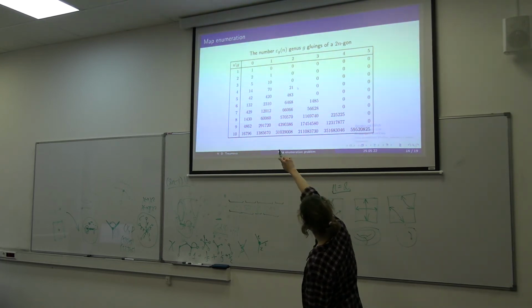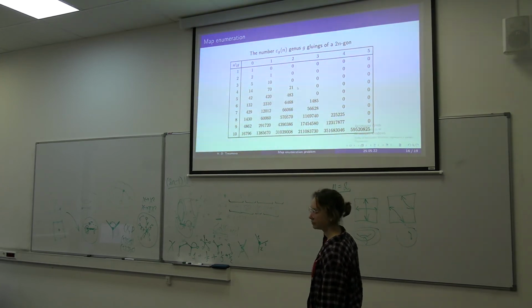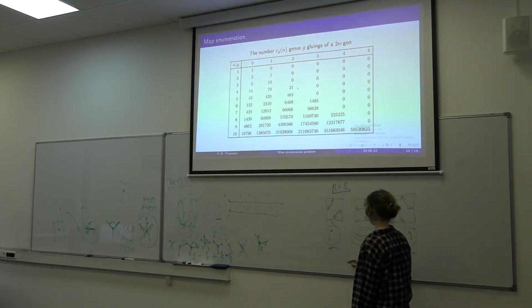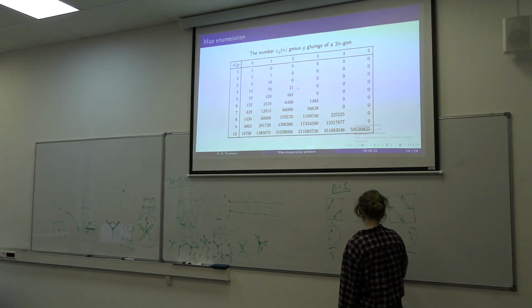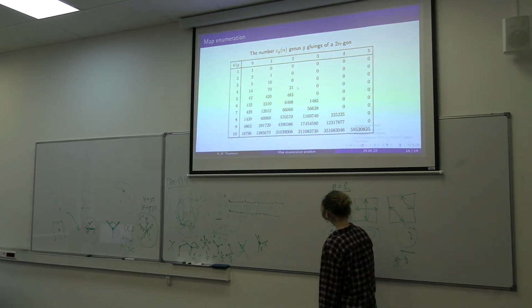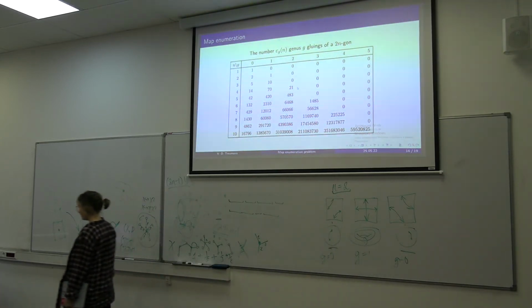We see that the second line in our table, 2 dessins of genus 0, 1 dessin of genus 1. So you have 2. This and this of genus 0 and this of genus 1.